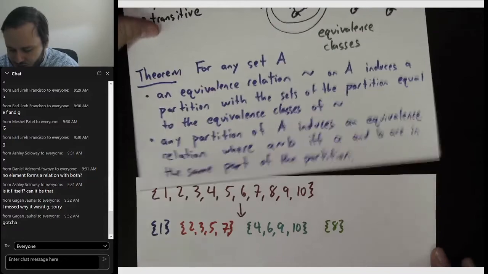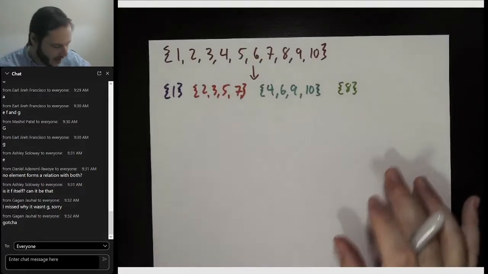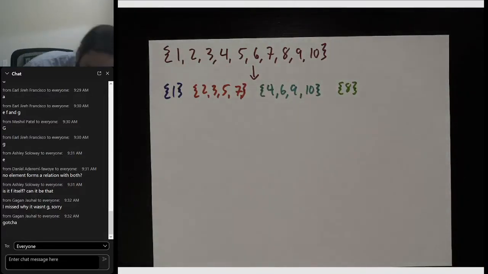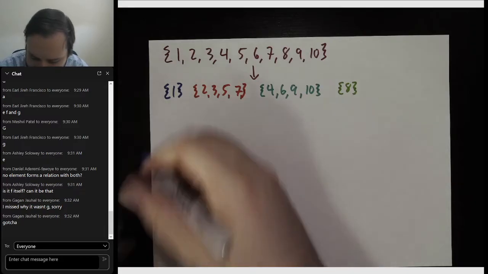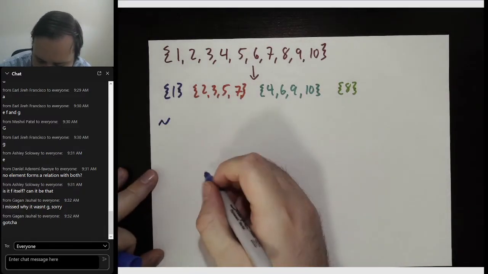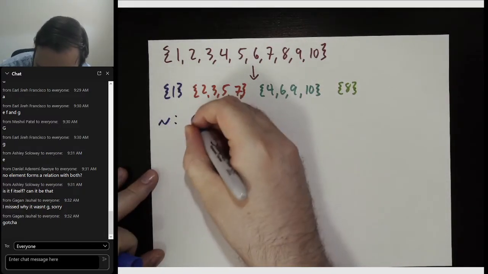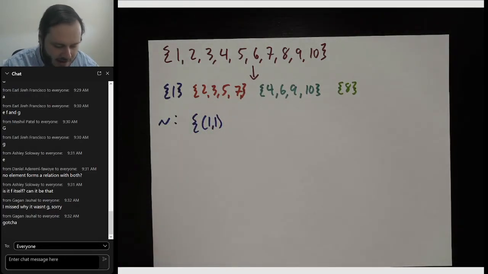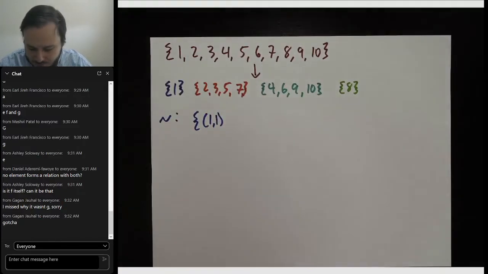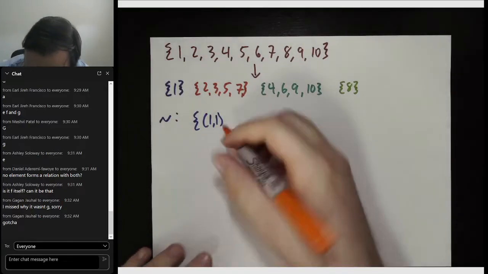And this partition tells me about an equivalence relation. So I have the pairs. Twiddle has the pairs 1, 1. And then any 2 of these, including repeats.